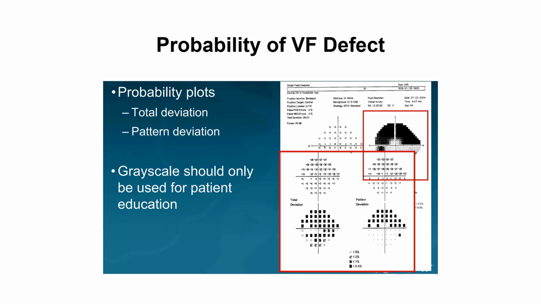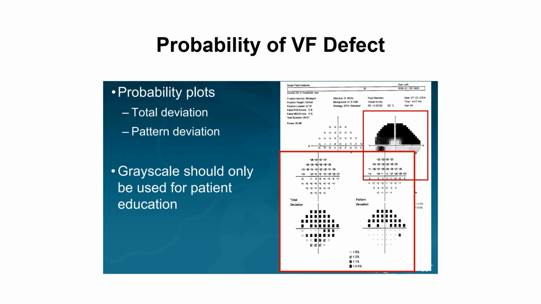These probability plots are divided into the total deviation and the pattern deviation. And we say that we should depend on the numeric plot, not on the grayscale. Grayscale should only be used for patient education. So these are the total deviation and the pattern deviation. The total deviation represents, like, the mean deviation, the MD point: the threshold at each point corresponding to the age-matched data.